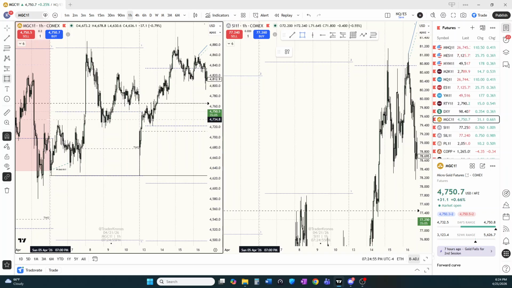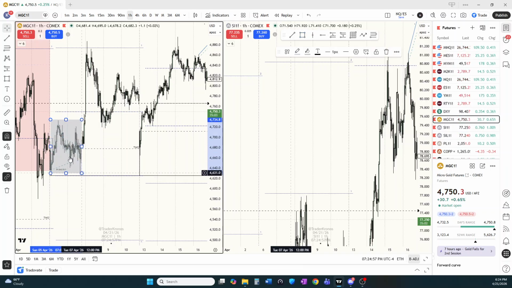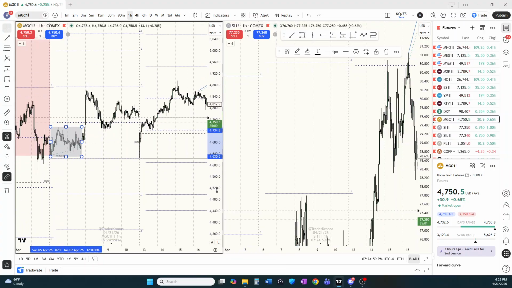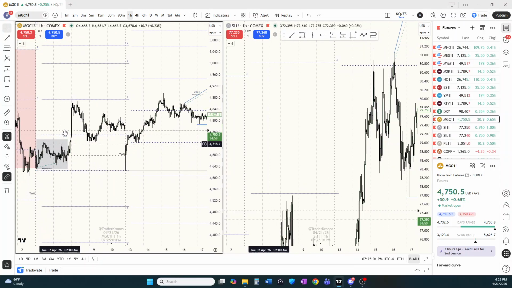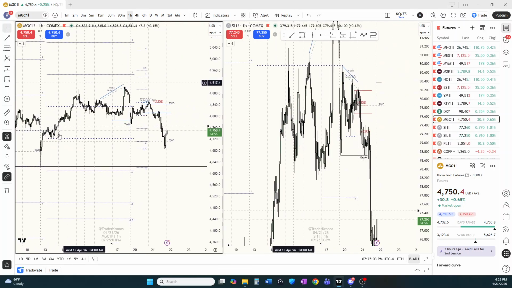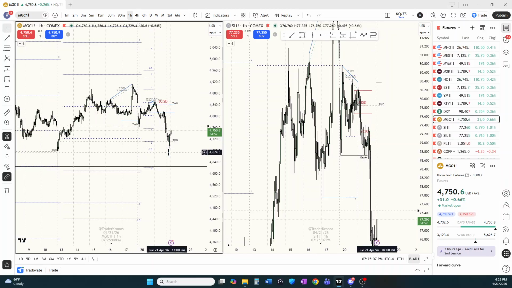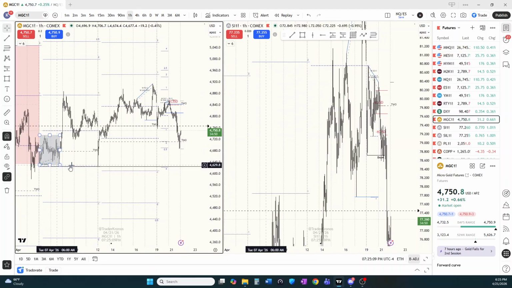So this right here would be your original consolidation. Buy side of the curve, eventually taking out the highs here. Now you're in the sell side of the curve, targeting these relative equal lows down here.